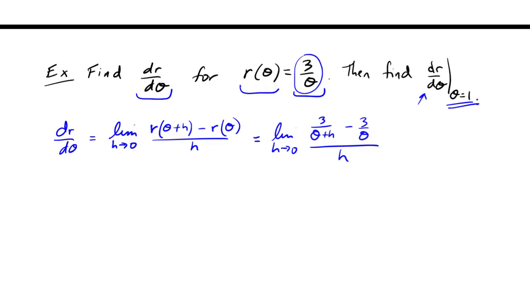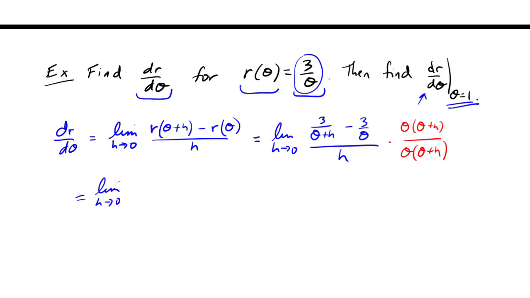So as a little bit of a shortcut here, what I could do is just multiply the numerator and denominator by theta times theta plus h, which would be the common denominator. And this will be a little faster for me than actually getting the numerator into that form. So that will become the limit as h approaches 0.